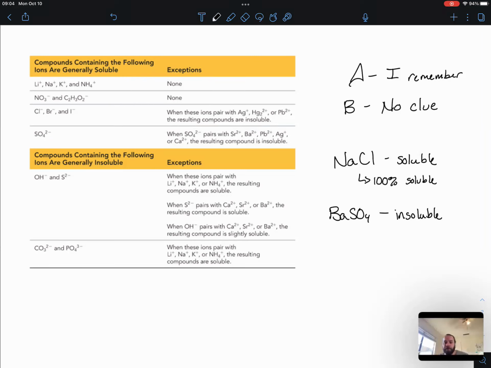But if we have something like barium sulfate, we used to say that was insoluble, and we're going to see that it is pretty insoluble, but now we're going to be able to quantify exactly how much of the barium and sulfate will dissolve. It's only going to be a little bit, but how much? So this is not 100%. We're going to say now it is slightly soluble. And exactly how much?